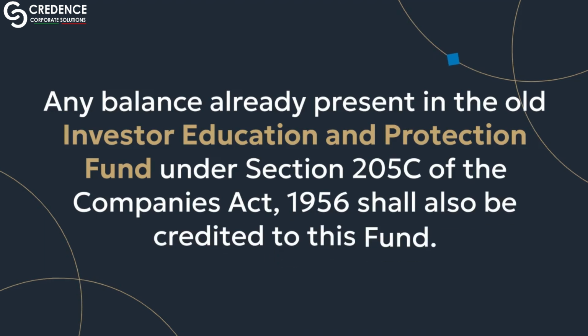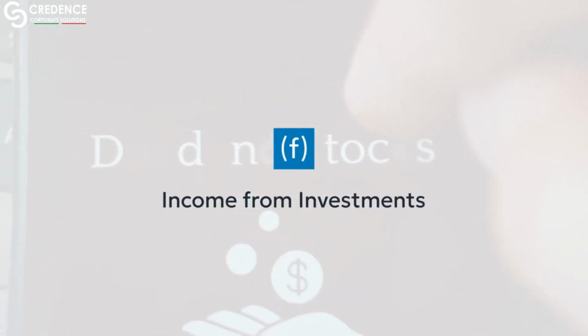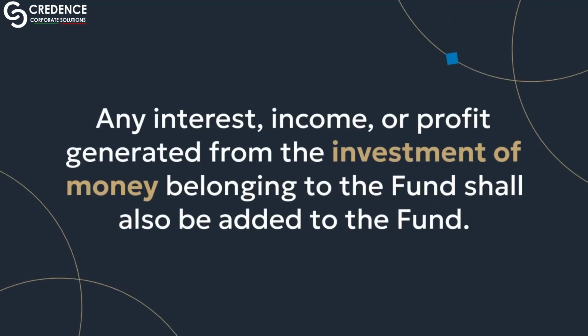Any balance already present in the old Investor Education and Protection Fund under Section 205C of the Companies Act, 1956 shall also be credited to this fund. F. Income from investments. Any interest, income, or profit generated from the investment of money belonging to the fund shall also be added to the fund.